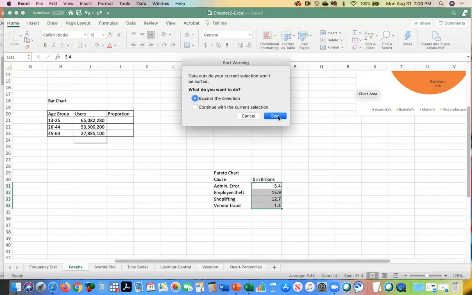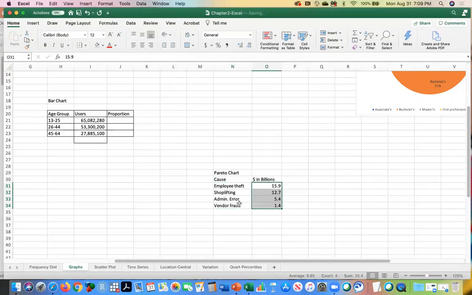So I'm gonna sort it, and as you can see, administrative errors were 5.4, vendor fraud 1.4, and employee theft was the largest.